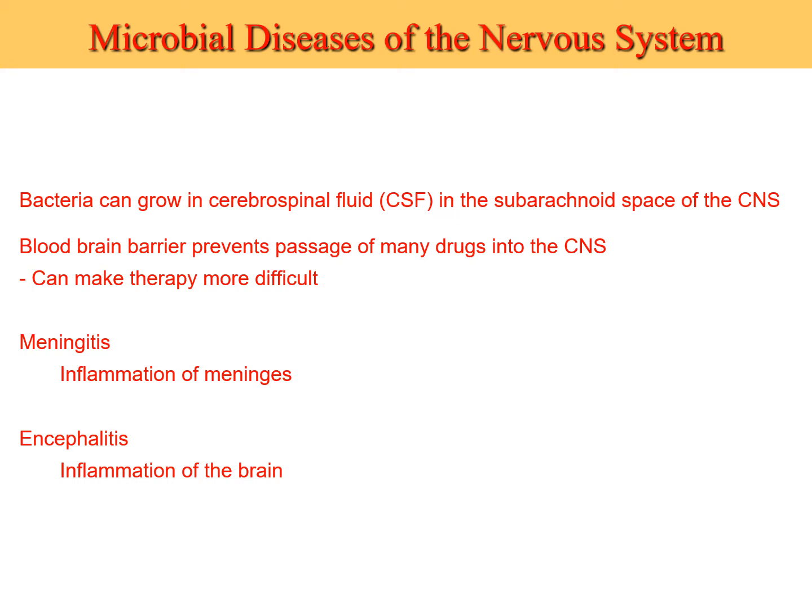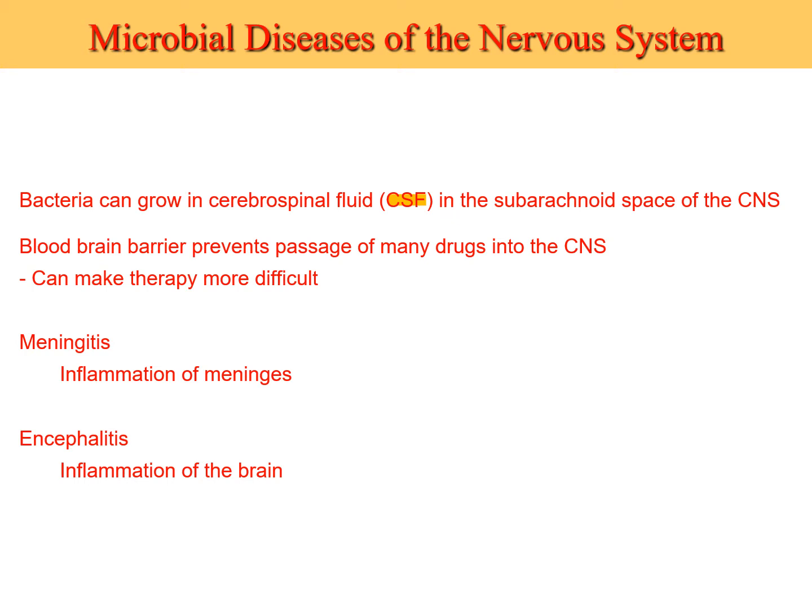Bacteria can grow in the cerebrospinal fluid, the CSF, in the subarachnoid space. The blood-brain barrier, which is a tighter kind of endothelial lining of the blood vessels in the brain, can actually make it difficult to get drugs into the central nervous system, making therapy more difficult.